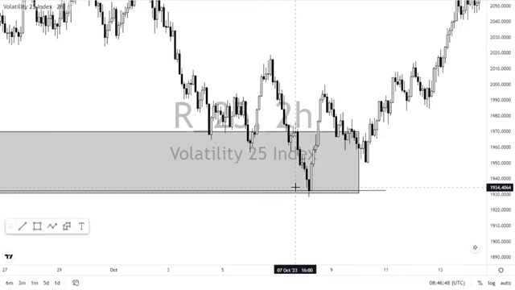So you have to learn more about liquidity. Don't just learn inducement only. What about other parts of liquidity? We have equal highs and lows, we have stop hunt liquidity.